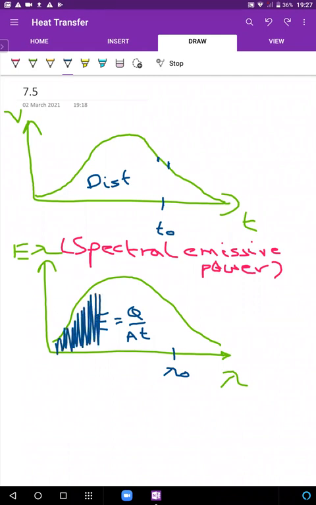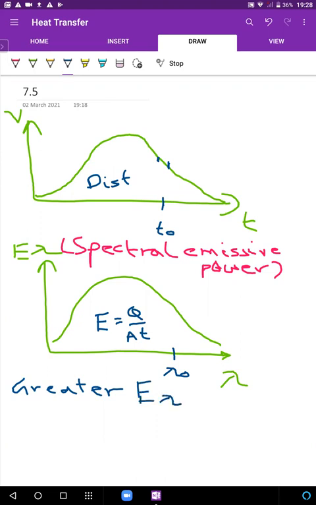As you count the total emissive power, spectral emissive power at a particular wavelength tells you how much more you're going to add from a region around that wavelength. So that's the idea. In summary, these are the two things you need. Make sure you understand these two things, and you're good to go.